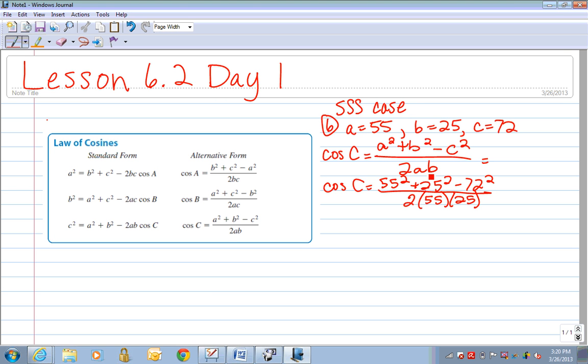Now I can type all this in, and on your Inspire, the control of the division key has the little fraction template. That works very handy. You can type all this in on the right side.